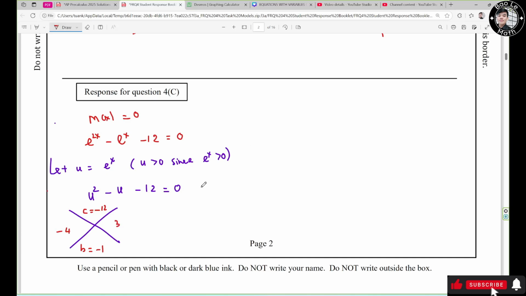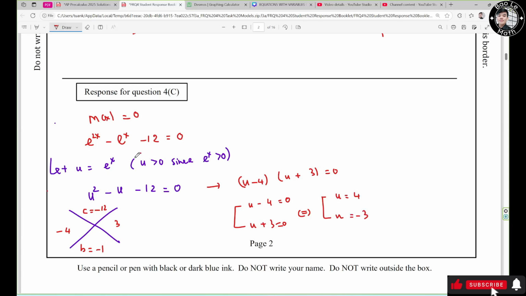So this becomes u minus 4 times u plus 3 equals 0. This is the zero product property, so u minus 4 equals 0 and u plus 3 equals 0. So u equals 4 and u equals negative 3.